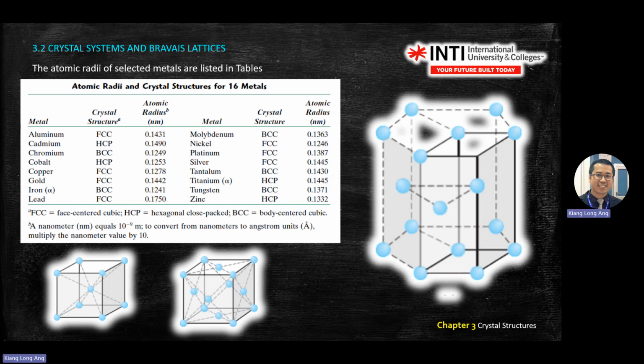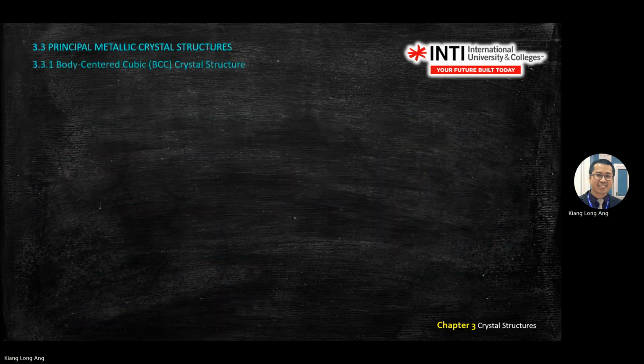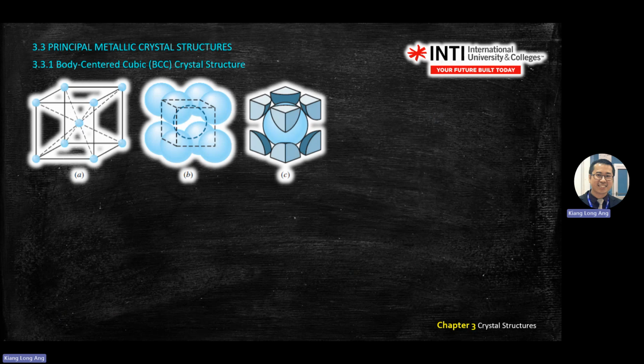So sometimes when you see this one, it means the question asks you some element inside here. So there's a certain calculation for BCC, FCC, and HCP. So we start with the BCC.